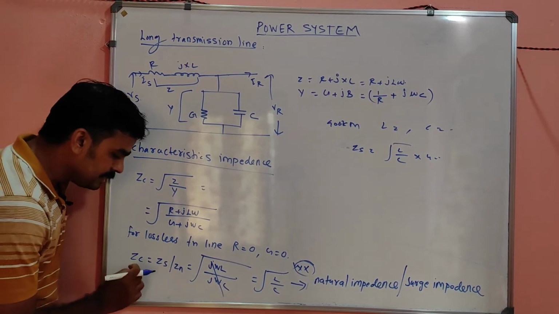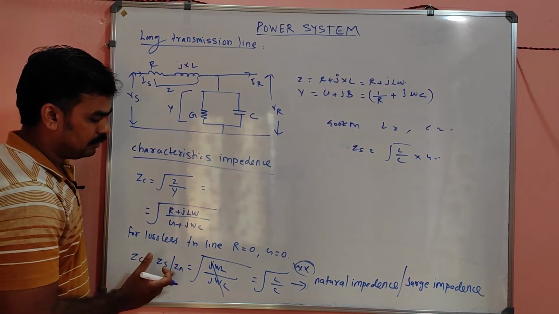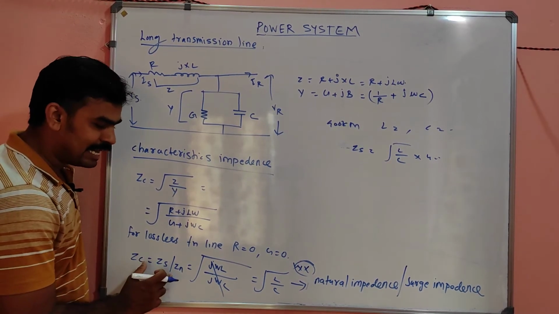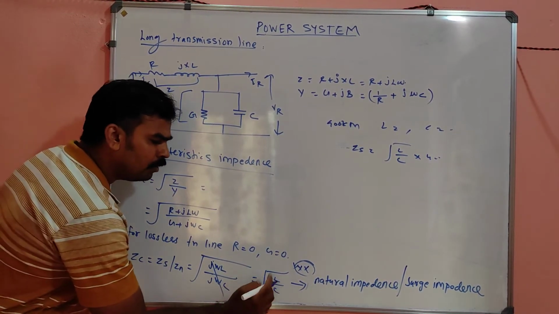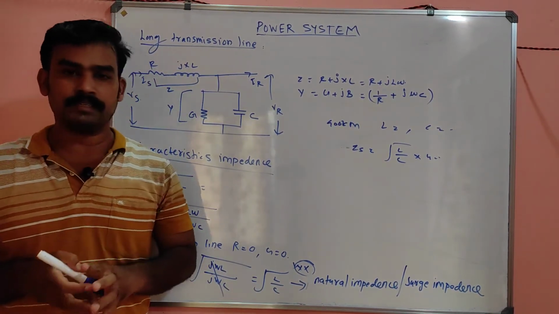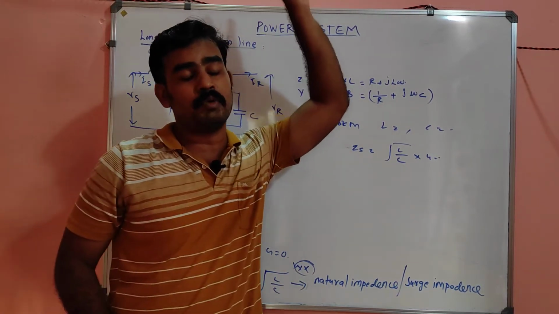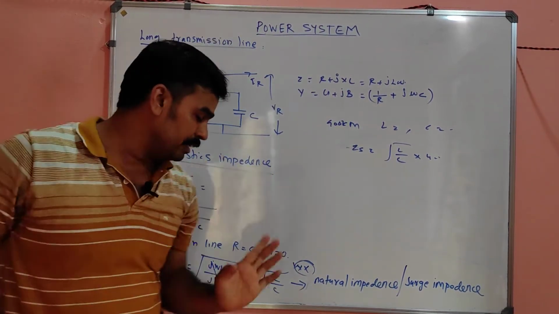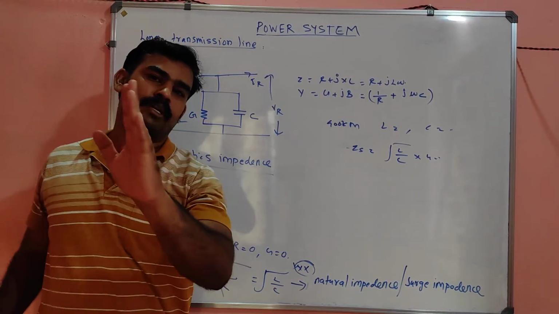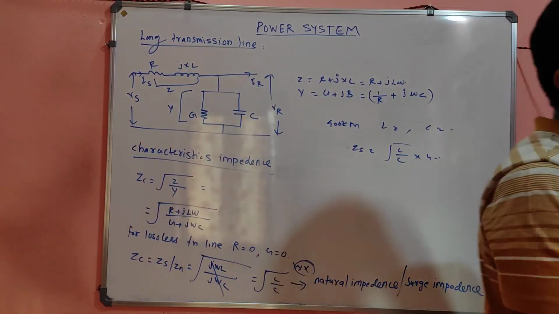Because the natural impedance or surge impedance only depends upon L and C, my dear, not upon the length. Whether you consider a 1 meter line or a 1000 kilometer line, the surge impedance of the line will be the same, root of L by C.